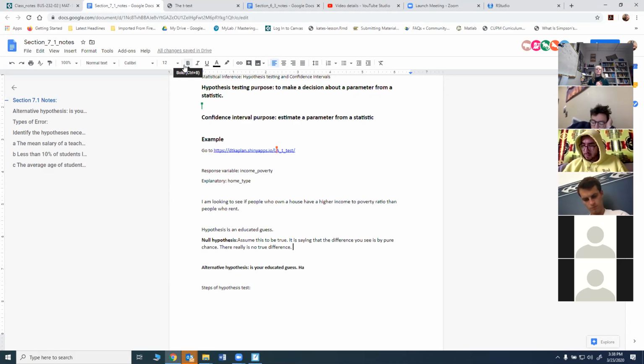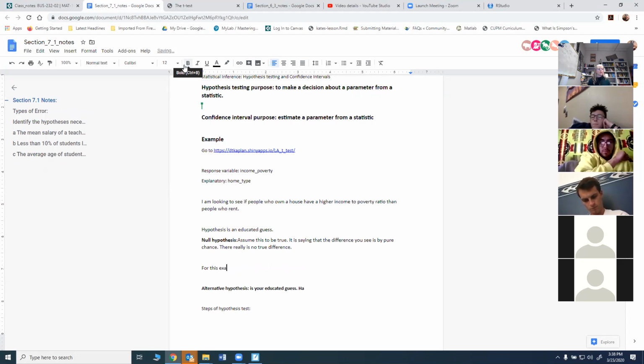What do you mean by difference? Is that like the income to poverty ratio, the difference between the owning and the renting? Between the owning and the renting, yes. So in this example, the sample we got saying that people who owned had a higher ratio than people who rented, that's just by chance.